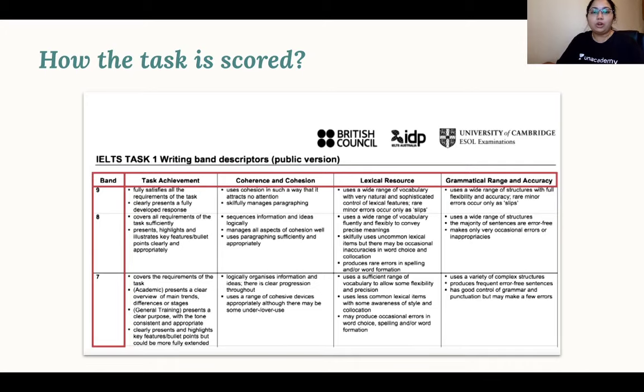They expect 4 different components, and these 4 different components have to be written in a well-versed manner. These 4 band descriptors would help you understand what exactly you need in case you're opting for 7, 8, and 9 bands.